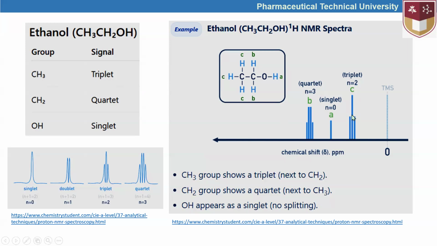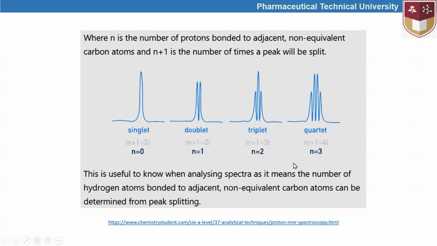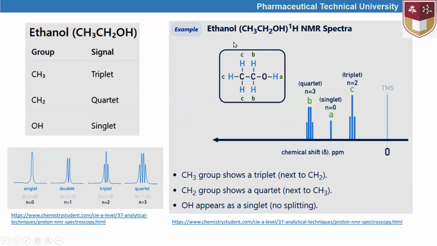And how many hydrogens are there? Here we know there are 3 hydrogens. There are 3 neighboring hydrogens. And this is the point we have to understand. N is the number of protons bonded to adjacent carbons.